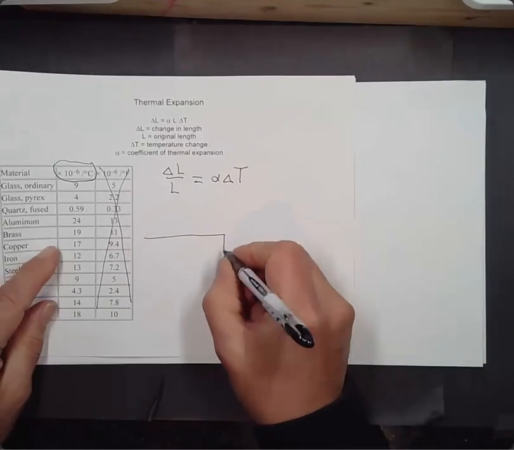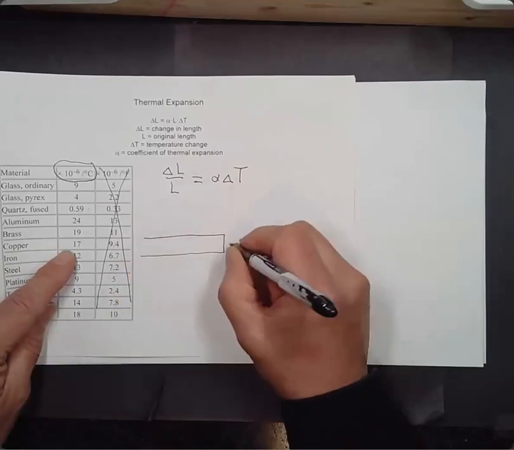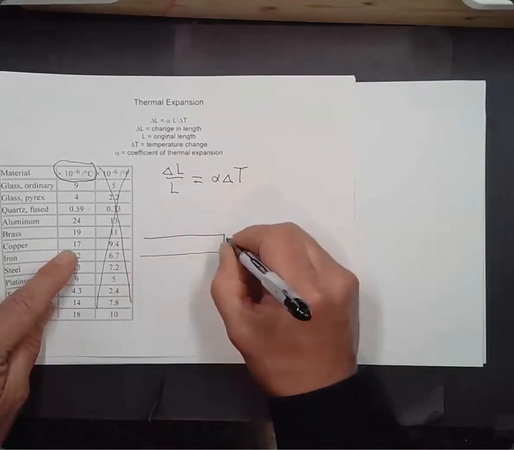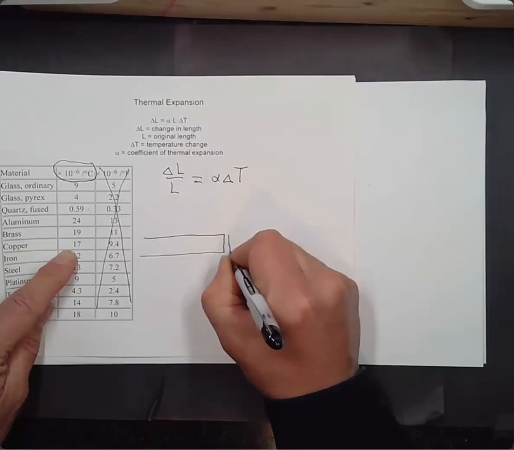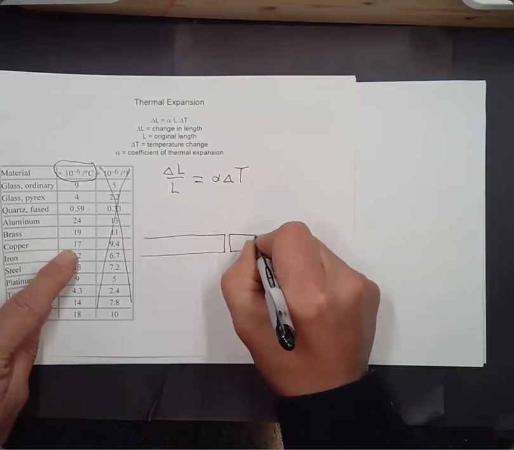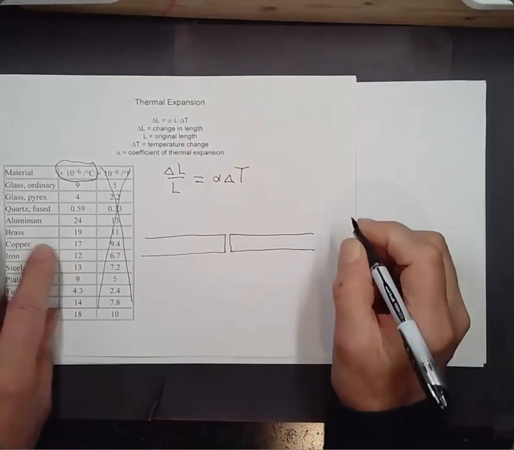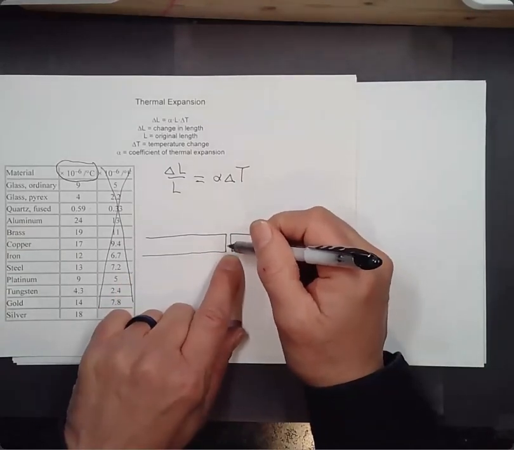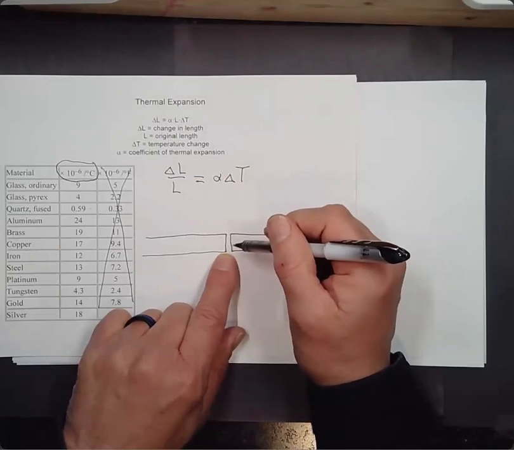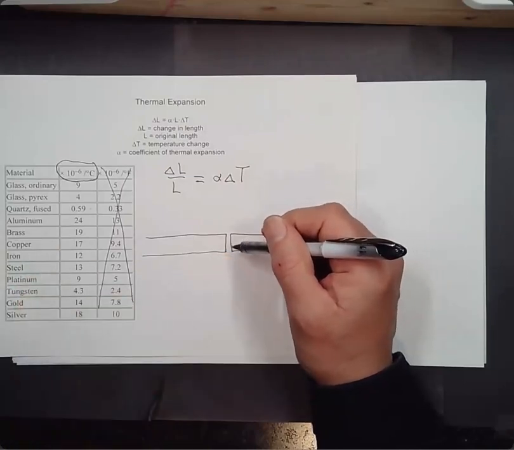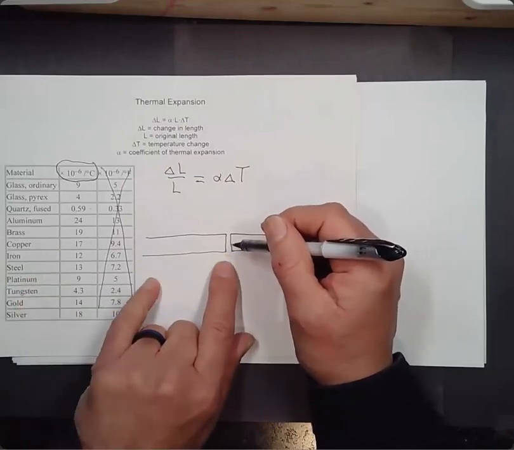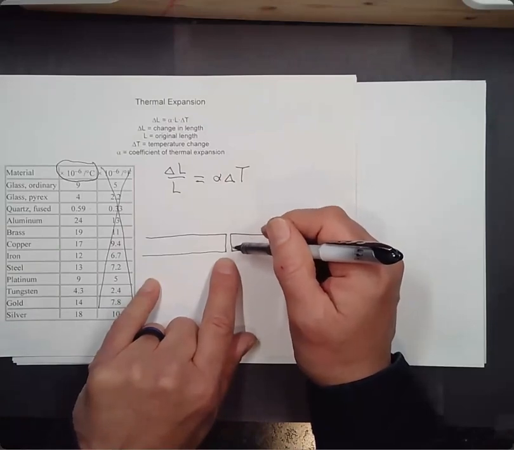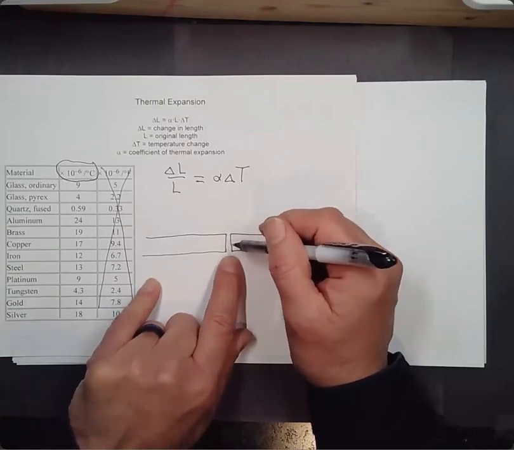If they laid them when the temperature was cold, they'd leave a gap between them, and the gap depended on what they expected the length of the rail to be at the highest temperature. They look at temperature records and find out, okay, they've actually had temperatures of 115 degrees here. We need to leave a fairly large gap.